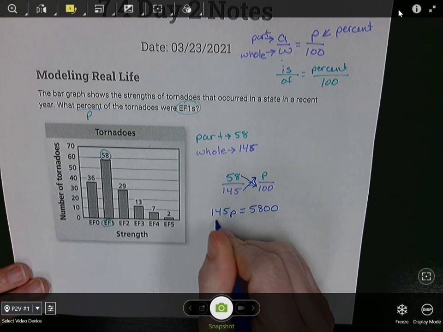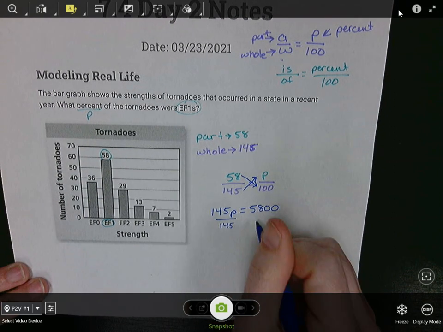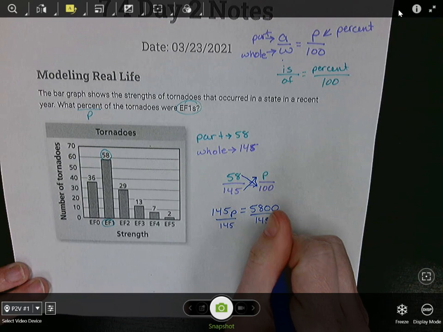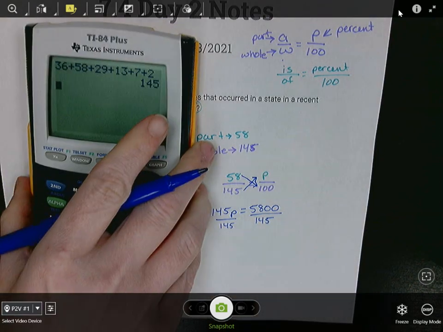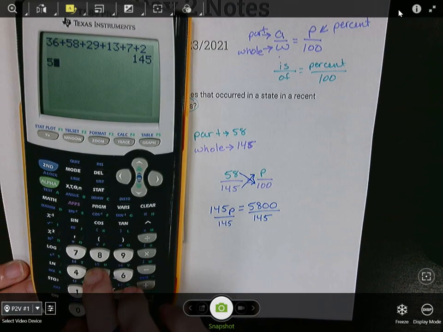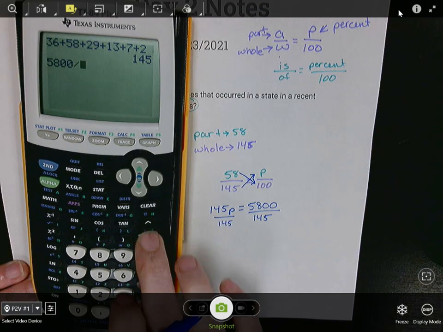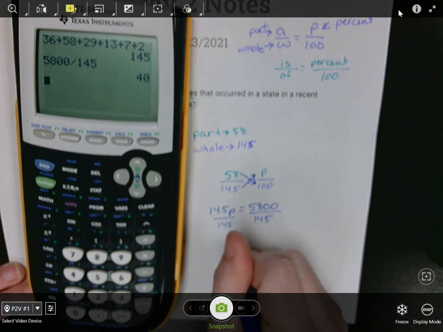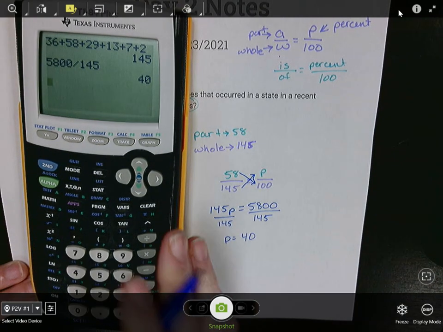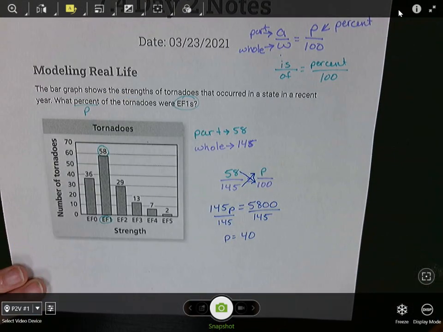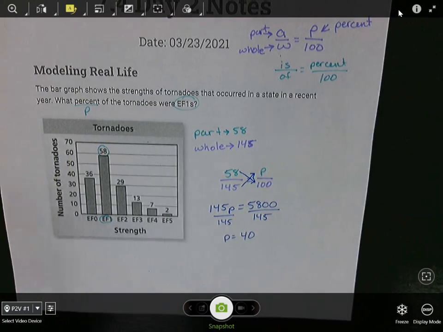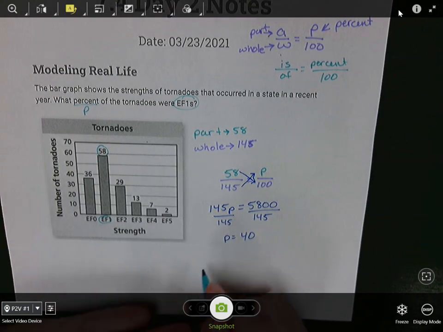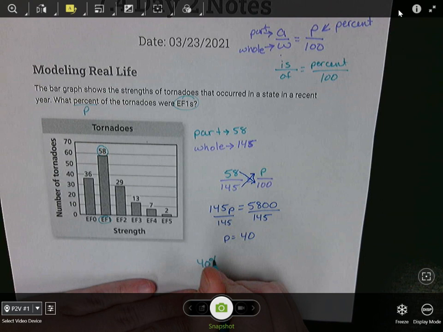Then we divide both sides by 145. 5,800 divided by 145, we get 40. So P equals 40. That means 40% of the tornadoes were EF1s.